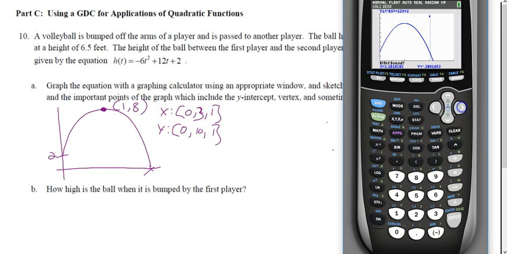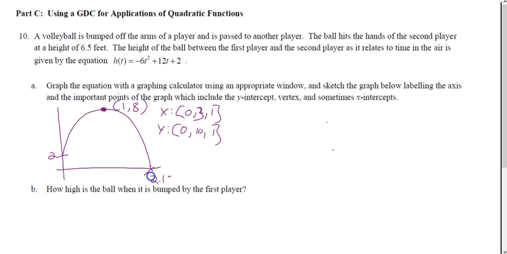Right bound is just going to be below. I just need this to get negative. 2.15. So. Is that important? No, not really, but it could have been, so it doesn't hurt for us to be able to find it. Okay, so we got the y-intercept, we got the vertex, we have that one x-intercept.